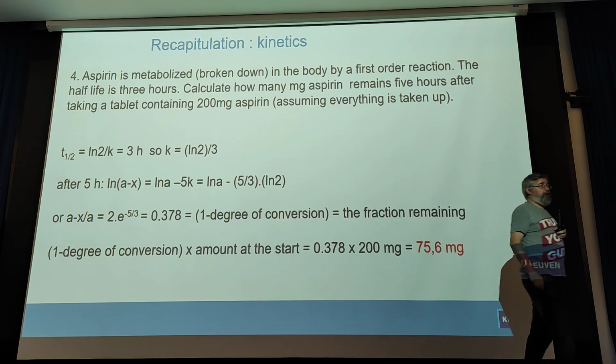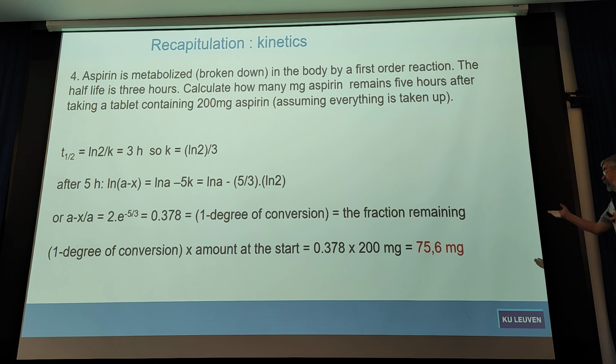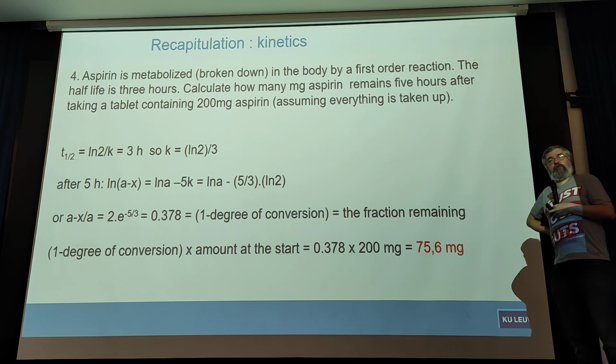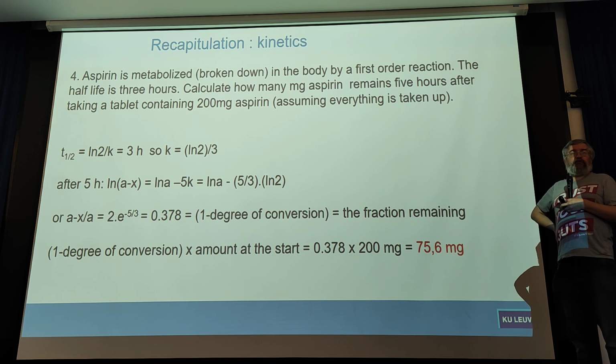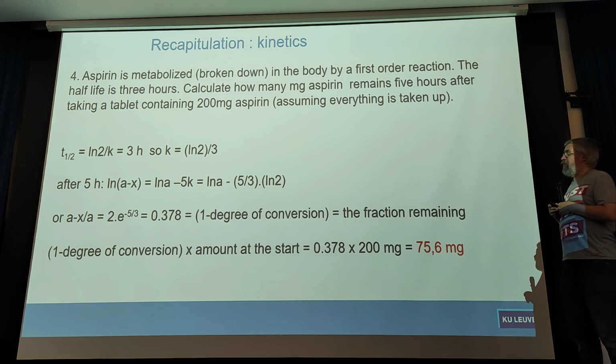So that means we now have about 75.6 milligram left of our original 200 milligram, which seems about right. If you know that after 3 hours it's going to be half, then normally after 6 hours it should be about 50. So this sounds to be more or less correct.